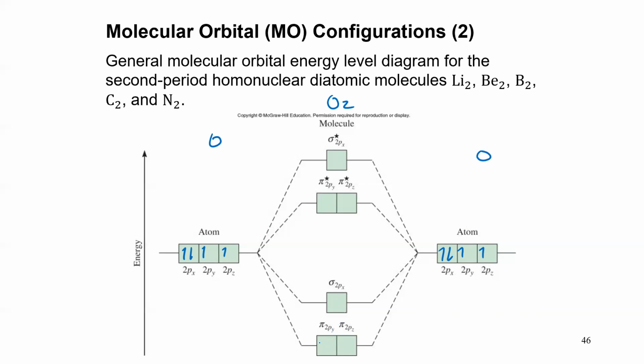And if we go to fill in our molecular orbital diagram, 1, 2, 3, 4, 5, 6. Now I have to jump up to the antibonding. I'm going to go to the next lowest energy. That's the Aufbau principle. I'm going to spread those last 2 electrons across those same energy orbitals. That's Hund's rule. And now we see that O2 does in fact have two unpaired electrons. Right? Two unpaired electrons makes it paramagnetic.